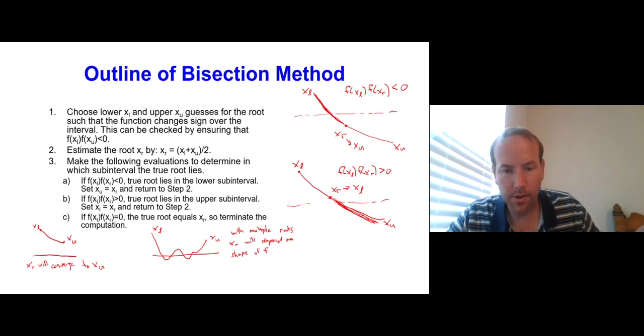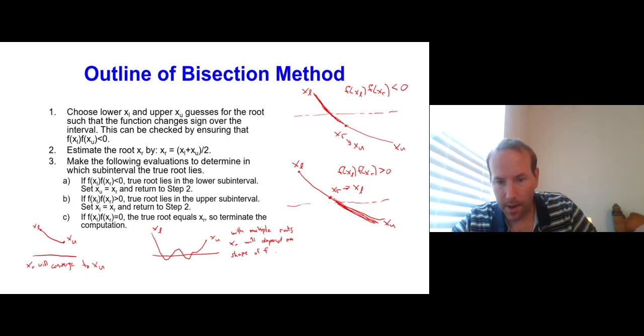So that's not a good thing, because we want a foolproof method, and this is going to depend exactly where you put XL and XU. Right here. So basically, we hope that the situation is something like one of the options on the right, where we either find that a true solution is in the lower interval or in the upper interval.